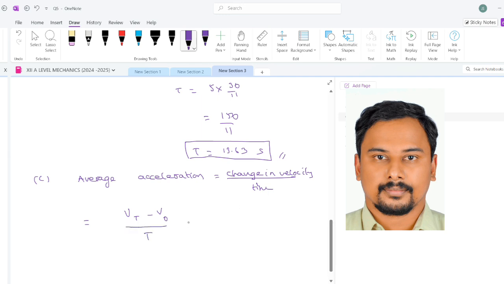So obviously it is very clear that the velocity when time t is equal to 0 is 0. Minus, the velocity when t is 0 seconds we already got in the first part, which is 2, divided by the time we got, 13.63.